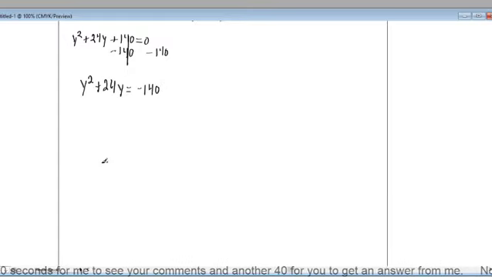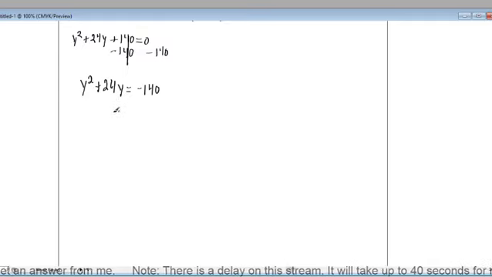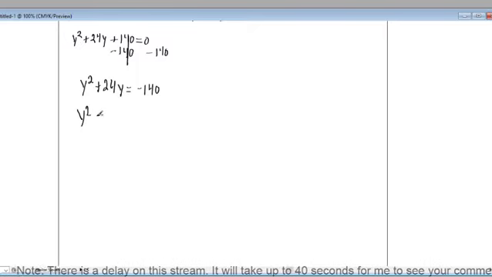And then we are going to take half of this number, the middle number, 24, and then square it and add that to both sides. So half of 24 is 12, and then 12 squared is 144. So we're going to add 144 to both sides. And what that does for us is make a perfect square trinomial on this side. And remember, those are nice because we know exactly how they factor.